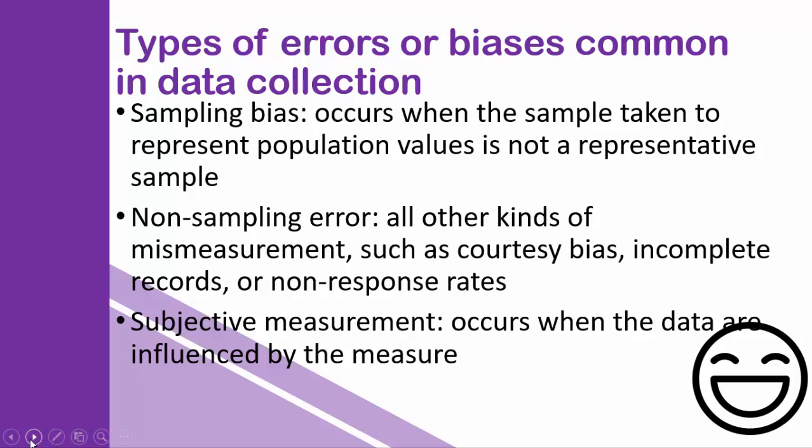Okay, let's go further. Types of errors or biases common in data collection. We've got sampling bias, which occurs when the sample taken to represent population values is not a representative sample. I've seen this happen a lot during my time.